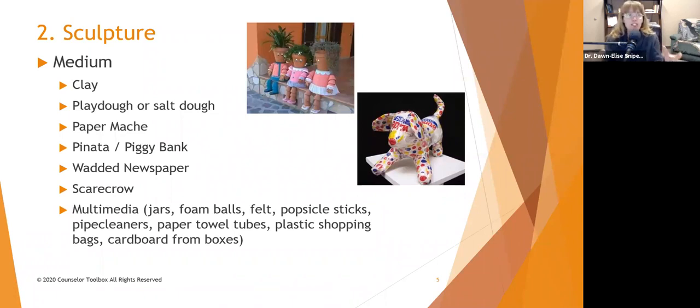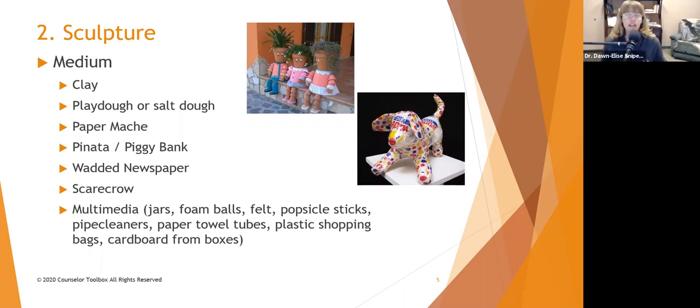So you can use this jar as the torso, and then attach arms, and then get a foam ball like you would find at any garden supply store or art supply store for flower arranging, and use that for the head. Or you can wad up paper and use it for the head, whatever you want to do.